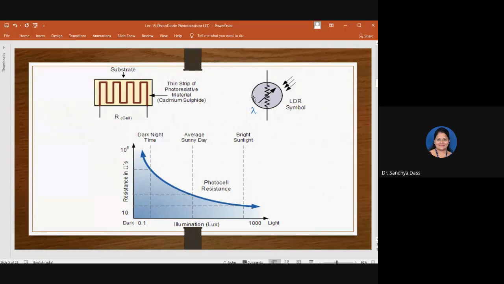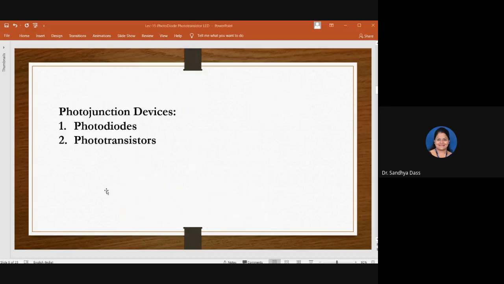So that is the characteristic of the LDR. When the light intensity falls on the material used here, its resistance, that is the physical characteristic, changes. That means the higher the intensity of the light, the resistance will decrease. So that is brief about the LDR.